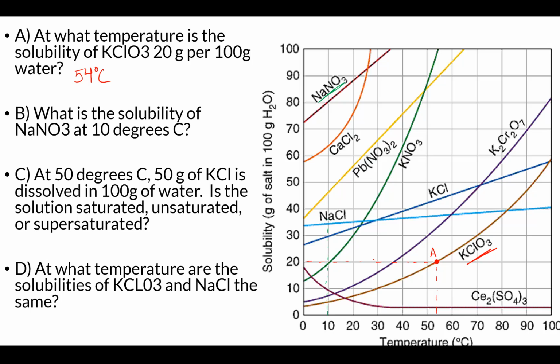So it's all the way up here. And it intersects right at this point. So we can see that is 80 grams of salt per 100 grams of H2O. So our solubility is just 80 grams per 100 grams of water.